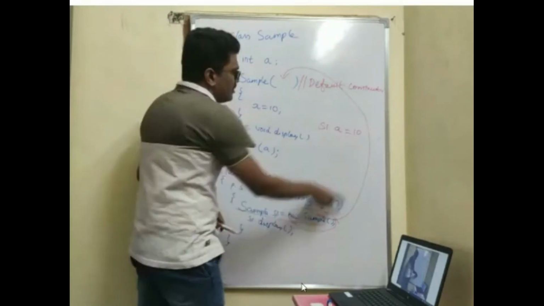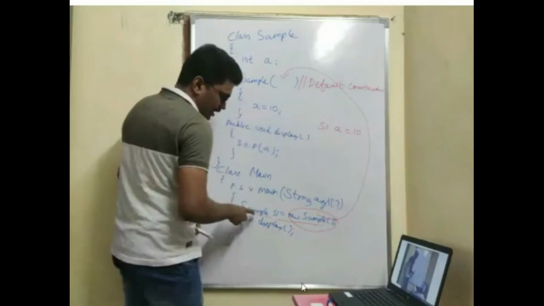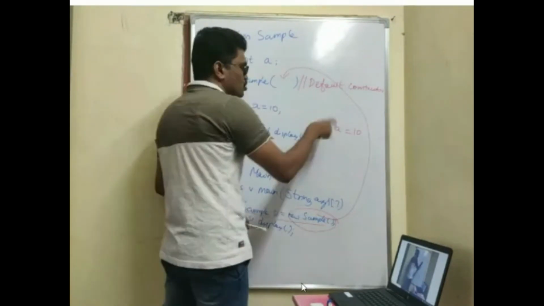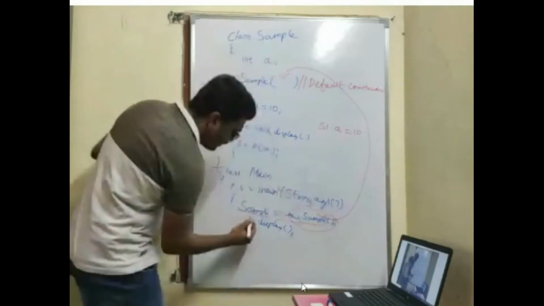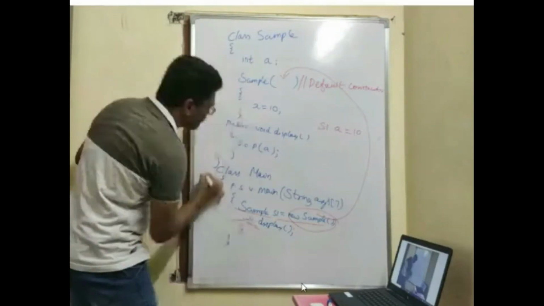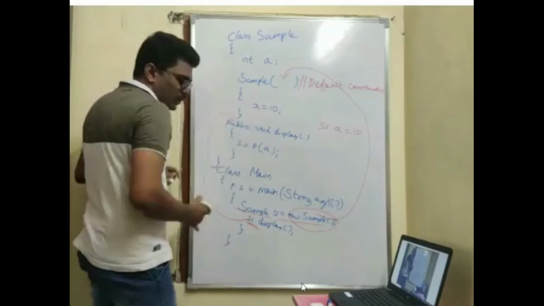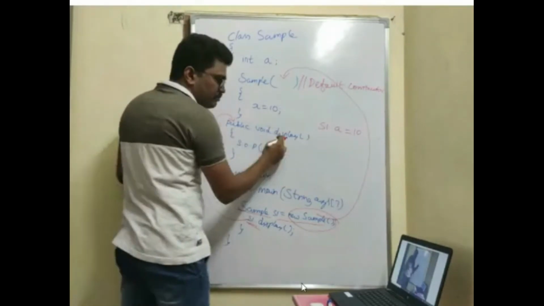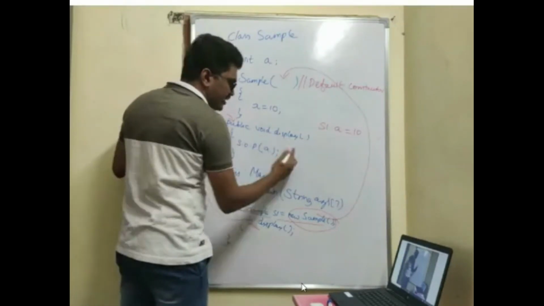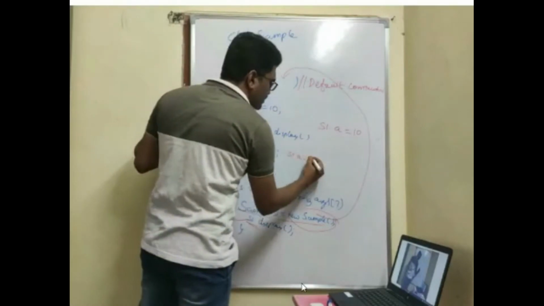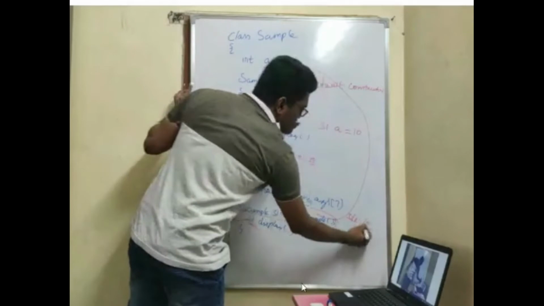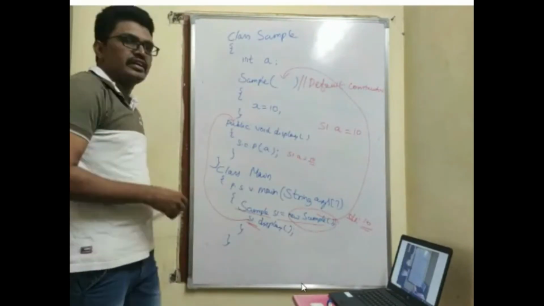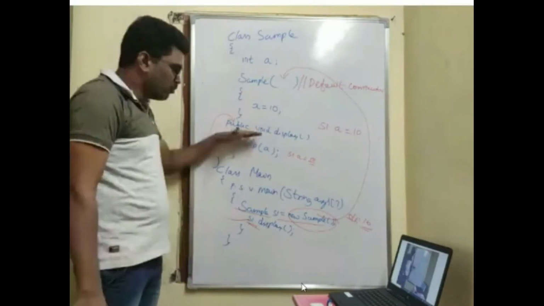If I create one more, sample S2, it will take S2 dot A. Now I am calling S dot display. S1 is the object which called this. Here it is not A, but S dot A, which is 10. So output will be 10. This is how a constructor is invoked and executed.